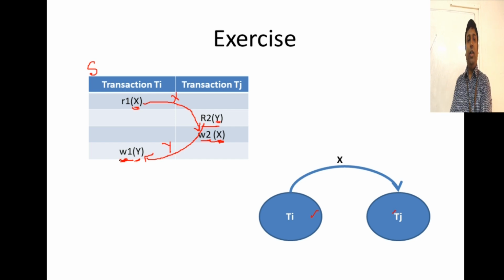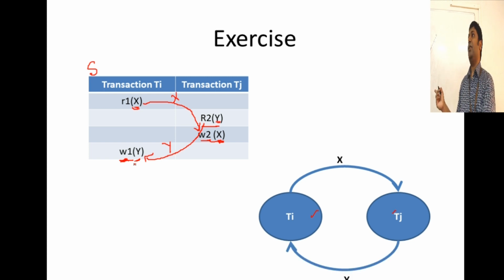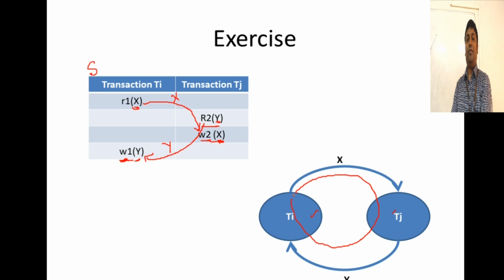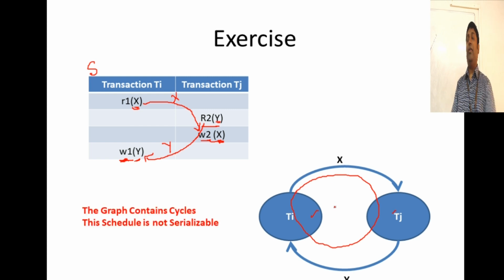Because you have a conflicting operation read and write on Y, and since Ti writes the item after Tj has read it, we'll have this arc, and it is depicted in your graph like this. So you see that this is a cyclic graph. You have a cycle here. So once you have a cycle, you can very well say the graph contains a cycle, the schedule is not serializable. Very simple.